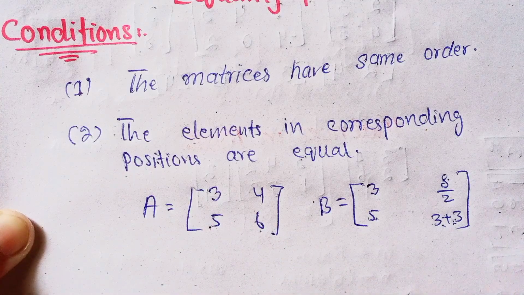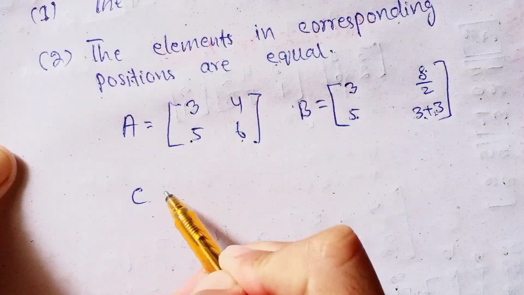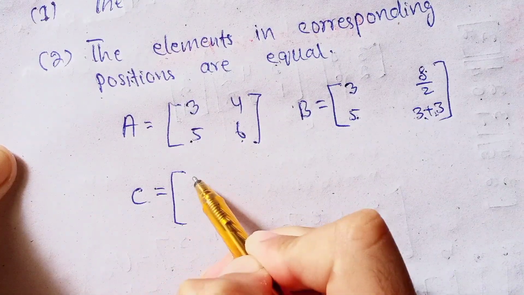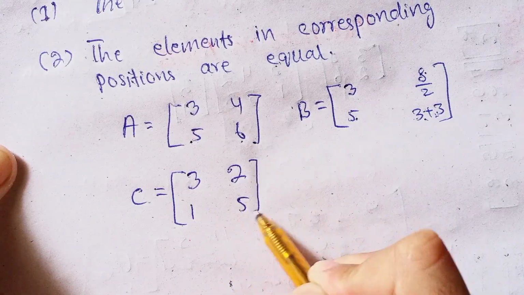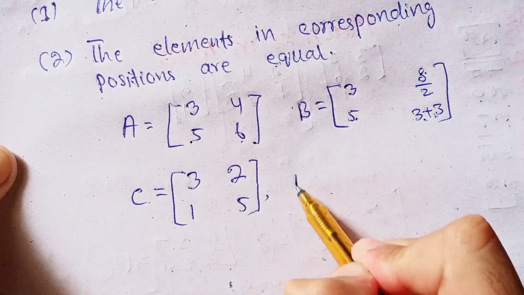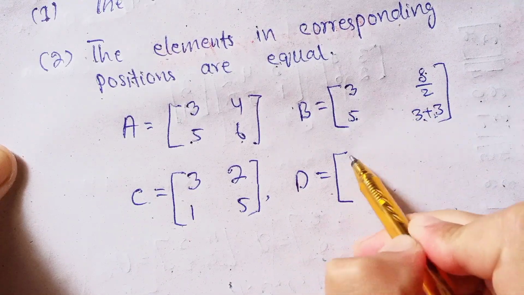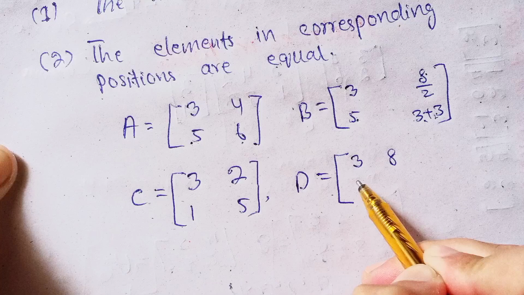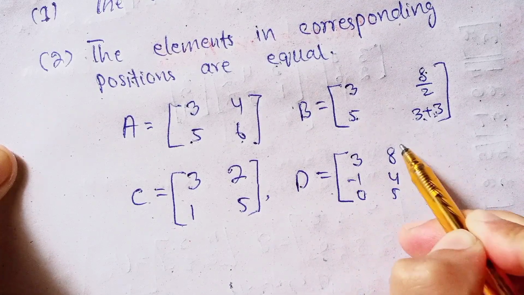Now let's take another two matrices that are not equal. For example, I will take C matrix, which contains the elements 3, 2, 1, and 5. And D matrix, which contains the elements 3, 8, negative 1, 4, 0, and 5.